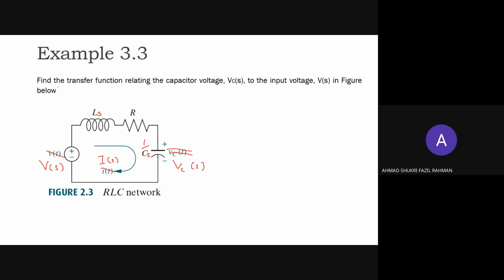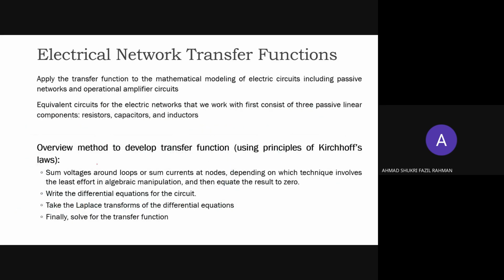So we need to find Vc(s) over V(s) in the figure below. This is a single loop electrical network. So we can proceed by finding the sum of voltage around the loop.